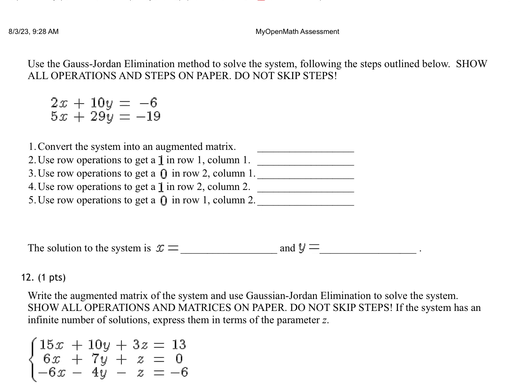Number 11, use the Gauss-Jordan elimination method to solve the system. Following the steps outlined below, show all operations and steps on your paper. So you want to make sure that you're following these steps and doing each row operation. Let's look at number 11, or number 12.